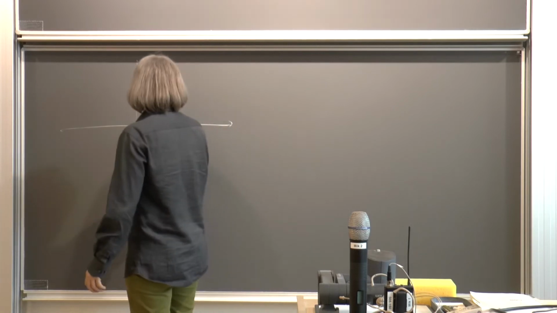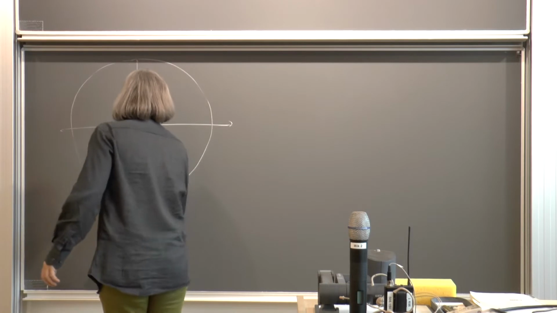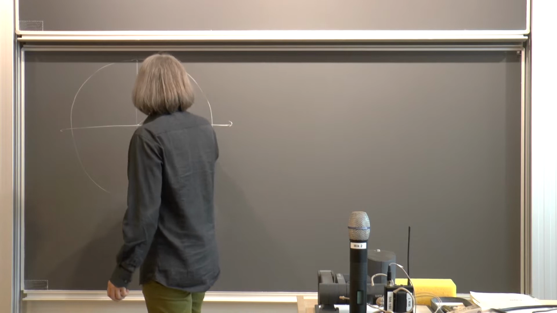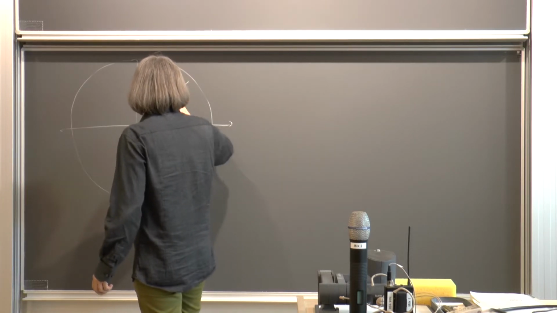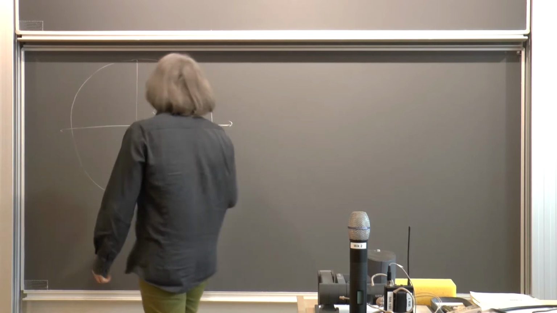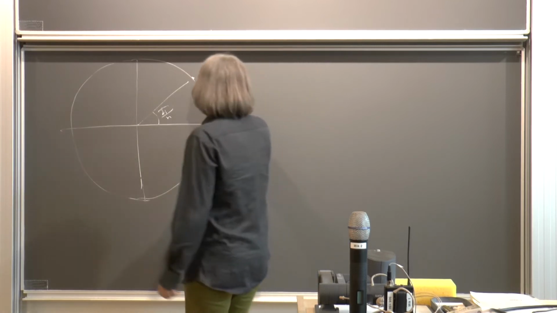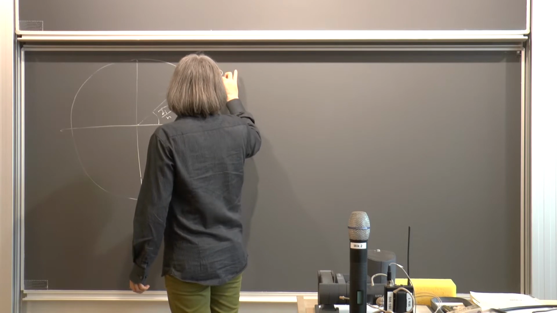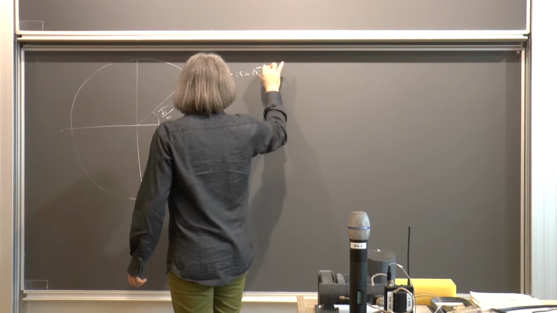We are considering a unit circle, and then the angle 2 pi over n. This point is cosine of 2 pi over n plus i sine of 2 pi over n.